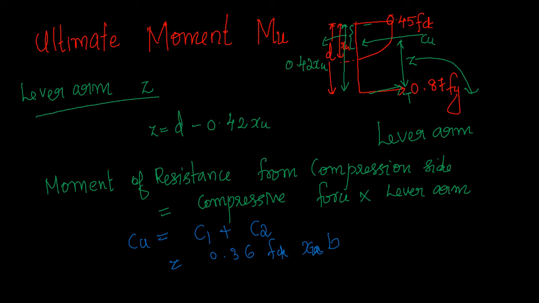Now we have to derive the expression for moment of resistance from both sides. First we can derive from the compression side. We know that moment is equal to force into distance.